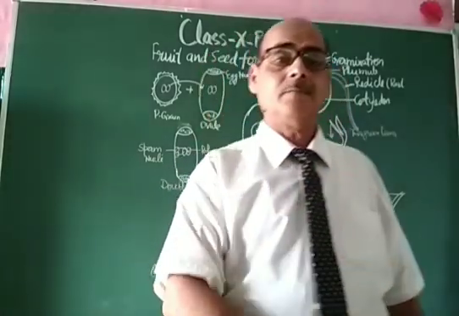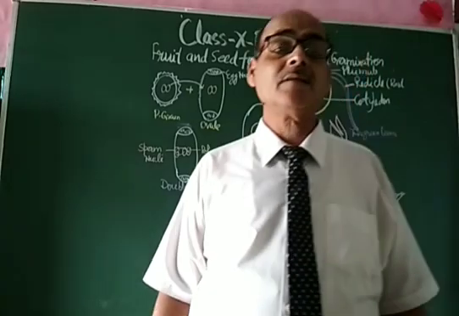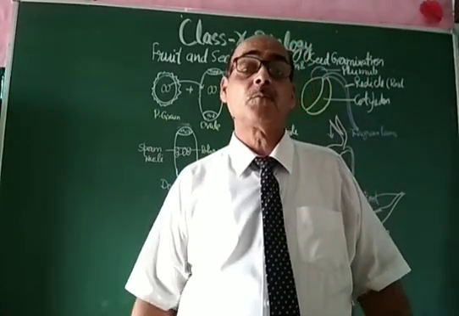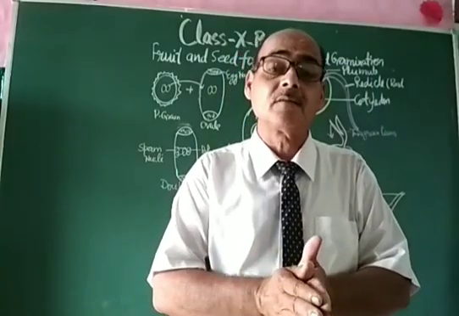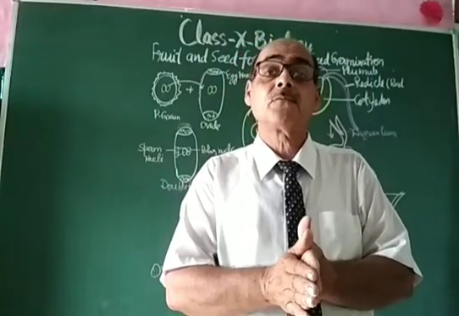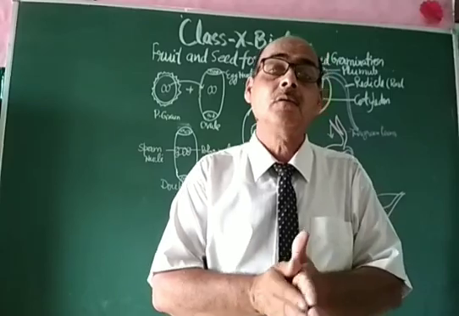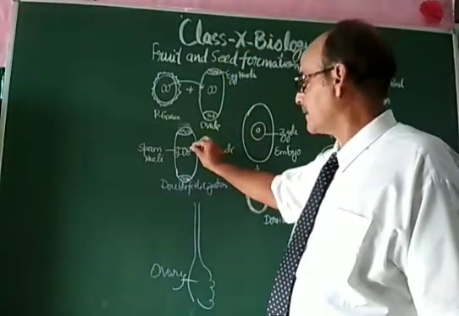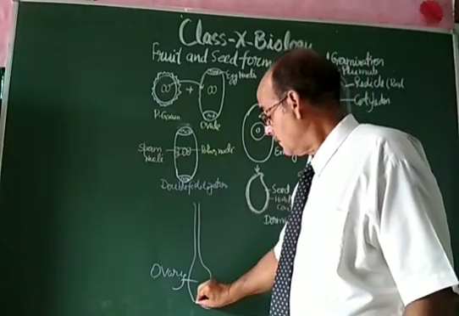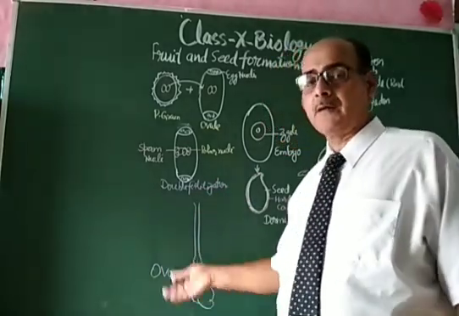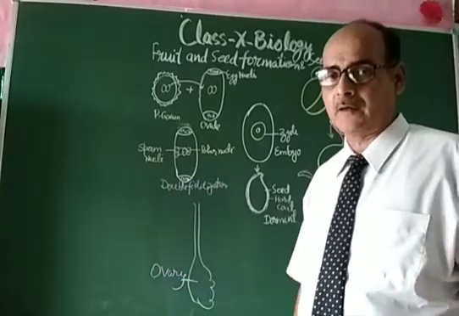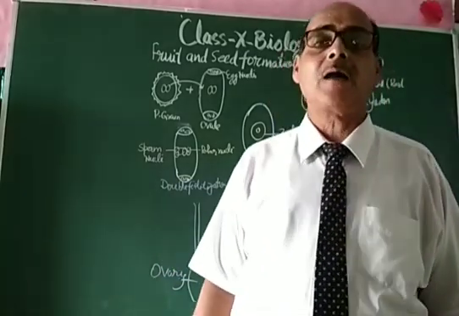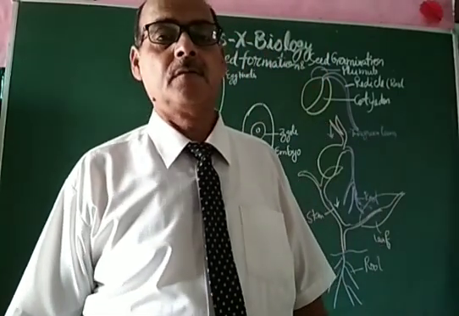In banana, there is the process of parthenogenesis. So parthenogenesis is the process by which the fruit will be formed without fertilization. मान लीजिए कि यहाँ फर्टिलाइजेशन नहीं हुआ और फ्रूट का निर्माण हो गया, बीज बना ही नहीं, फ्रूट का निर्माण हो गया. So those fruits are called false fruits or parthenocarpic fruits.